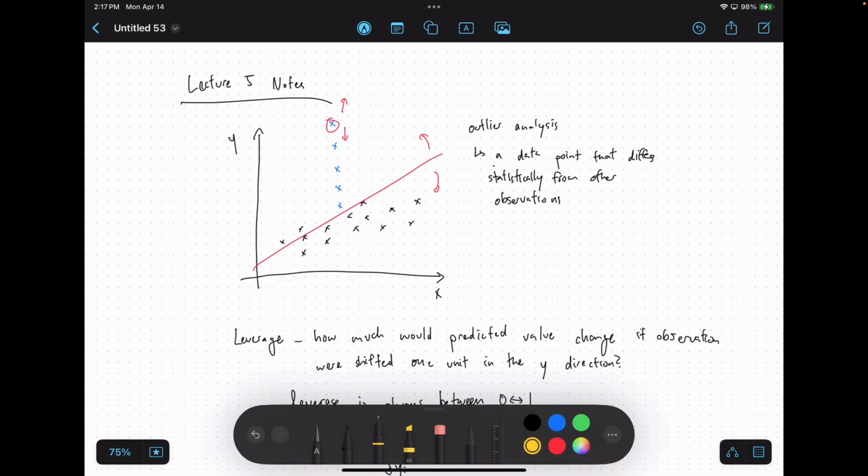And if I were to delete this point, that's going to shift the line in some way as well. Essentially the idea is if I delete an outlier and my fit moves to a certain degree, then I would classify that as an outlier. And note that with the leverage term, you're moving things up and down.